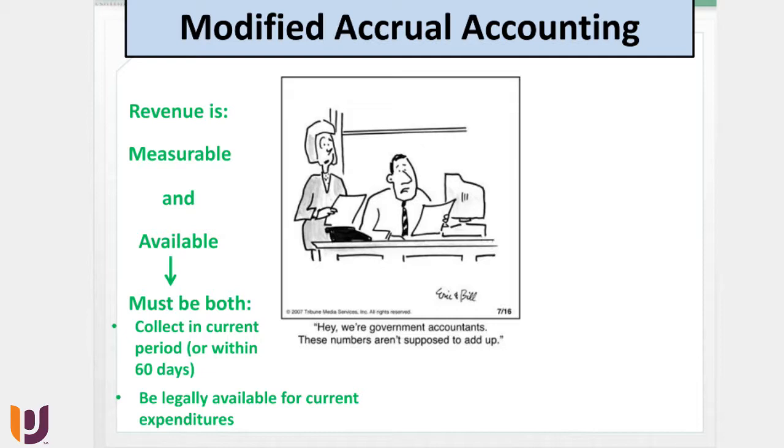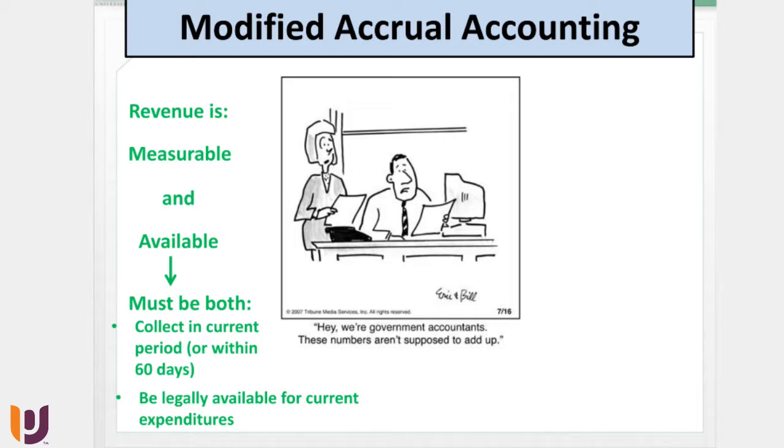Revenue is recognized in the earliest period that both criteria are met. For example, revenue recognized in year one but not collected until the end of year two would not be recognized. But if it was collected in the first month and was legally available for expenditures in year one, then it would be recorded in year one.